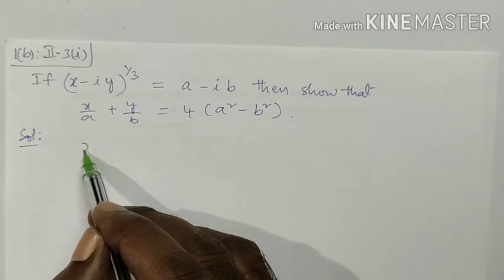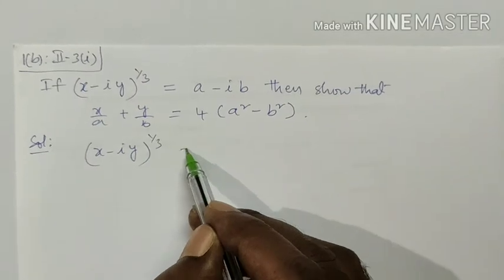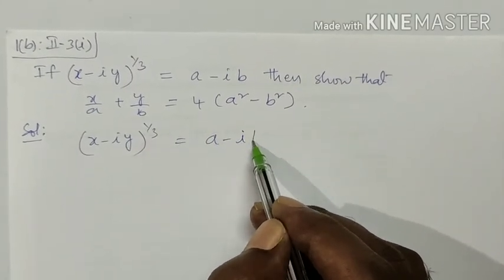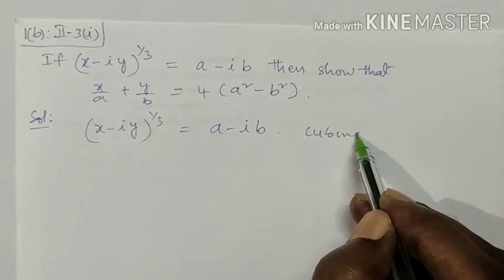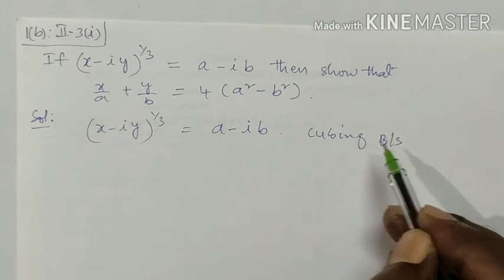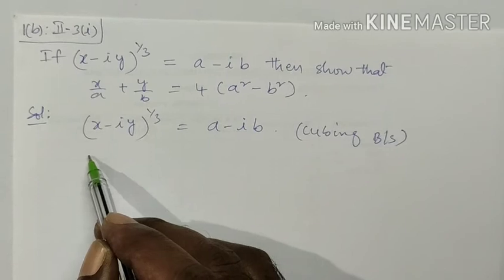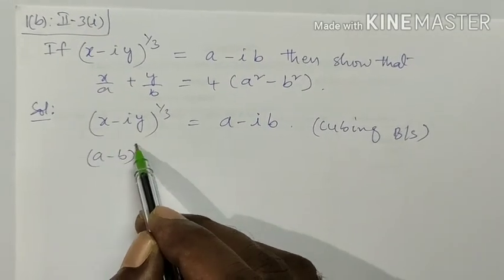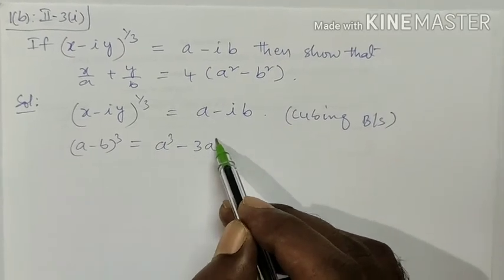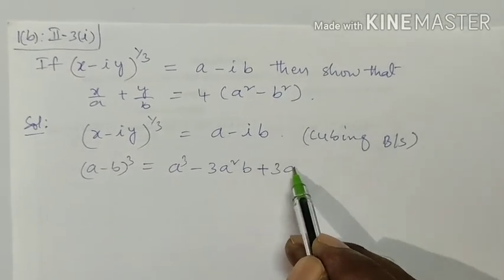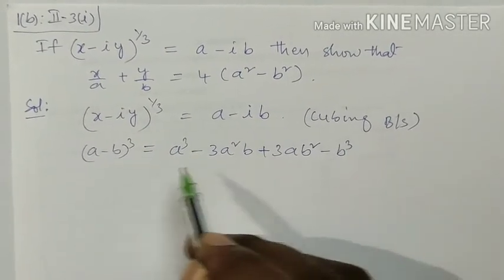Now let us take the given equation. (x minus iy) power 1 by 3 is equal to a minus ib. Cubing on both sides. So as you know, (a minus b) whole cube is equal to a cube minus 3a square b plus 3ab square minus b cube.